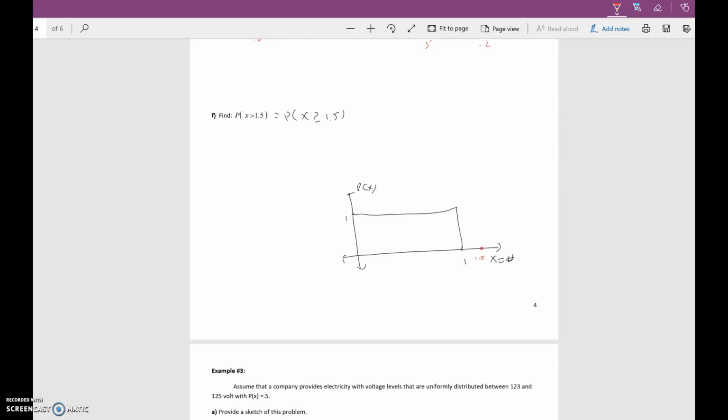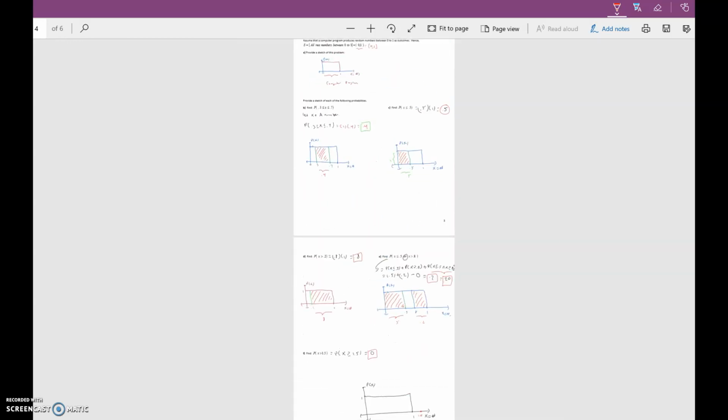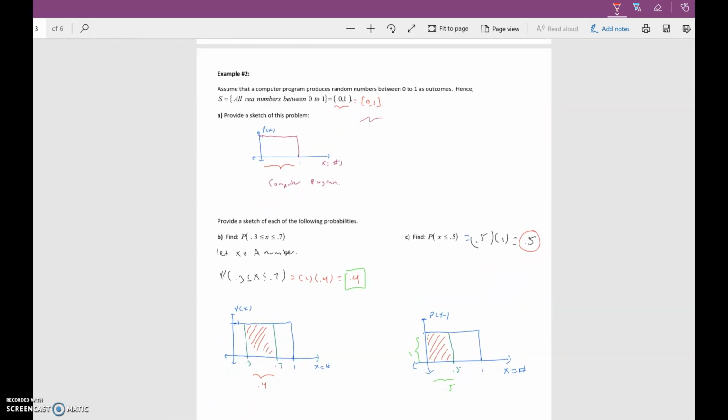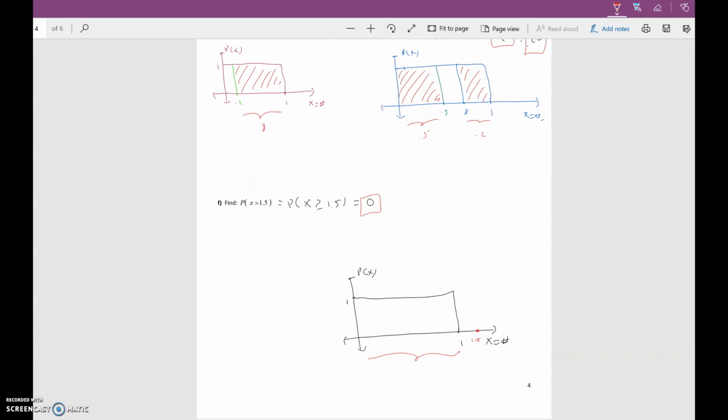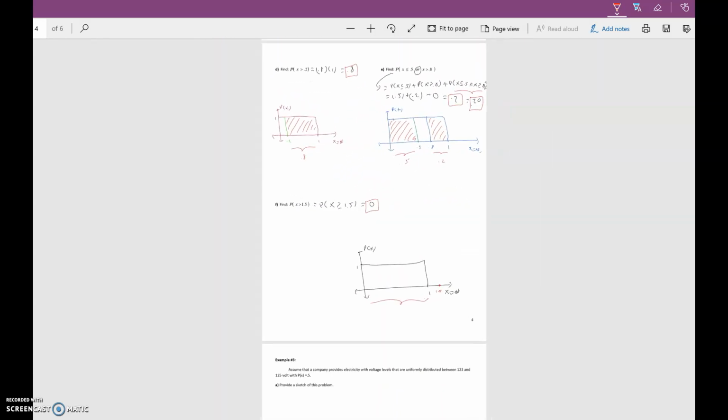So this is 1.5. Because it's outside of the event, that is automatically 0. You cannot have any value that exceeds the original problem. In the original problem for the distribution, we were given that it technically goes only between 0 and 1. So therefore, the last one is not going to be any numerical value other than 0, since it's outside of the event.